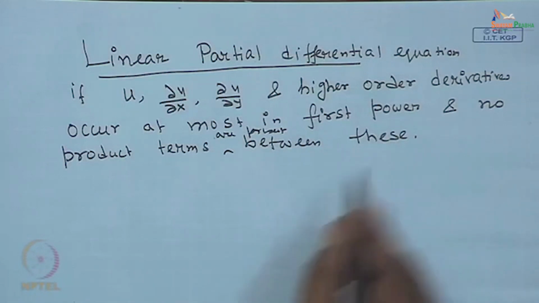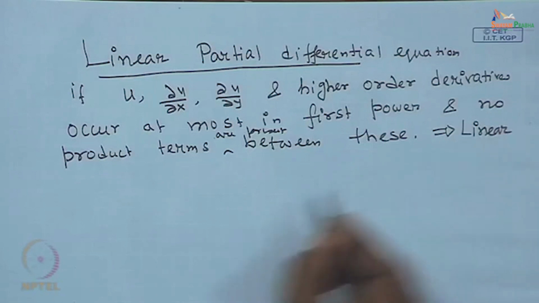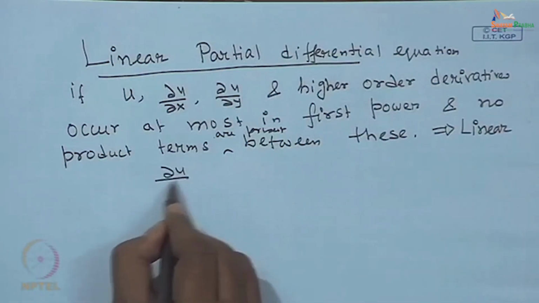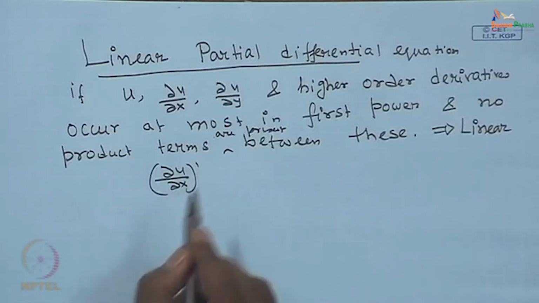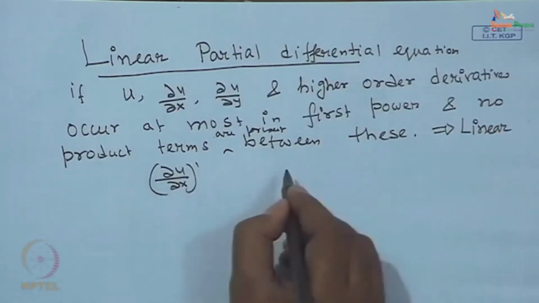Then we call these partial differential equations linear. Power means, del u del x raised to the power 1. If that is the case, then this is a linear partial differential equation.